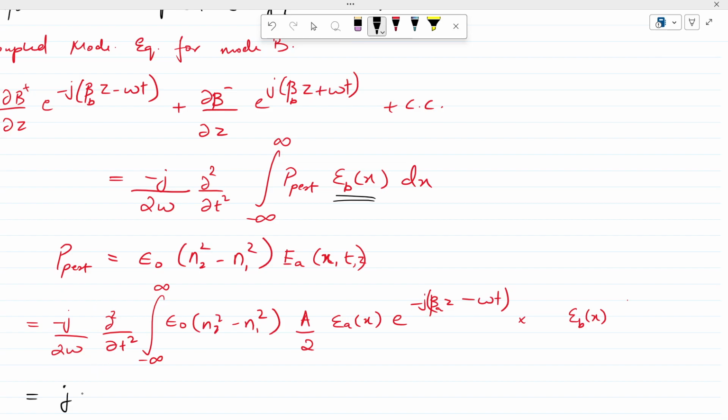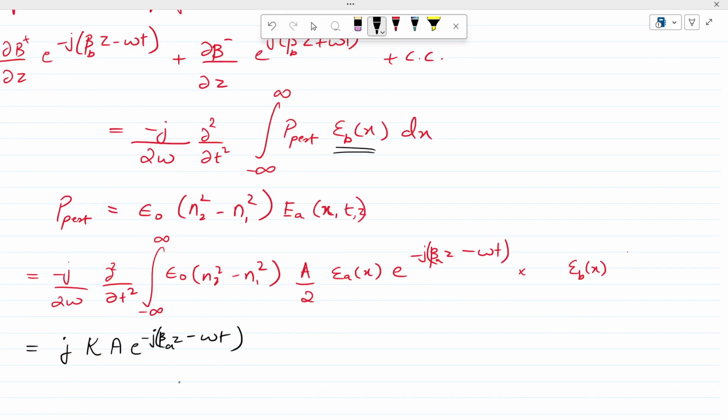So I can write it as j kappa a e power minus j beta a z minus omega t, where kappa is nothing but omega epsilon naught n2 square minus n1 square upon 4, this 2 and this 2, integral. The perturbation is not from minus infinity to infinity.